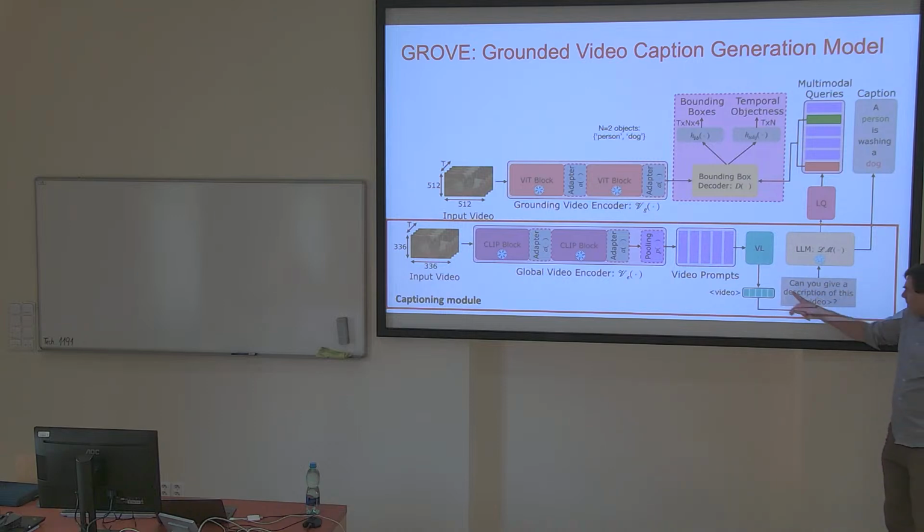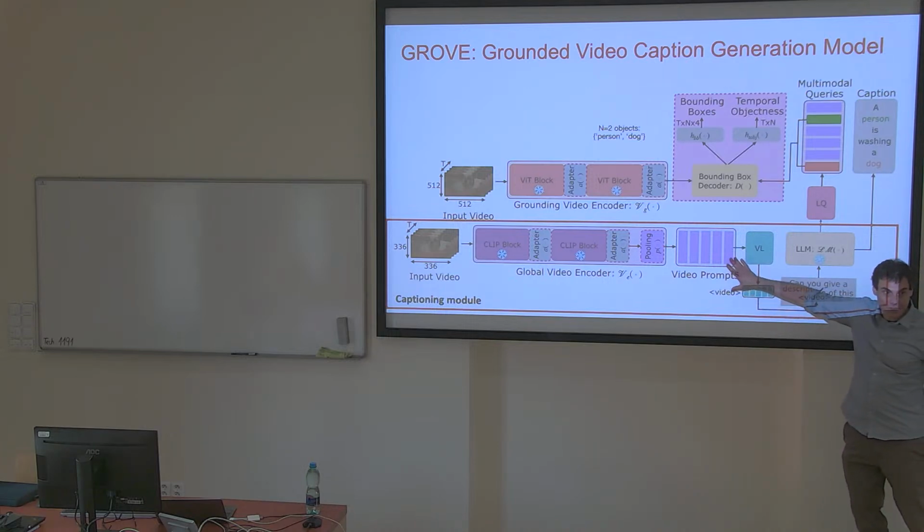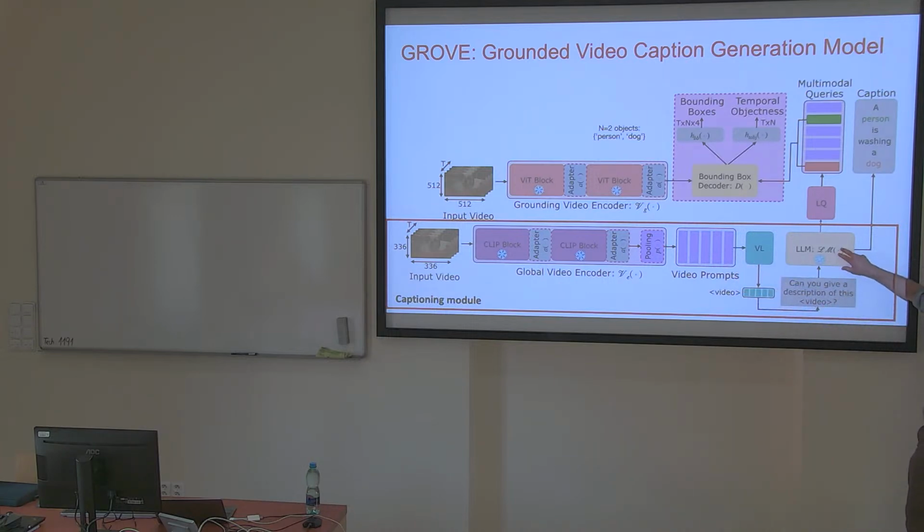Here it's specified: can you give a description of this video, a caption, and the video is the set of tokens, the latent vectors, representing the video. It's input here. And the output of that branch is a caption. The caption here is shown in color, but in reality it's language, it's A, but then there is a noun phrase token which is identifying that specific person, washing a dog is another noun phrase.